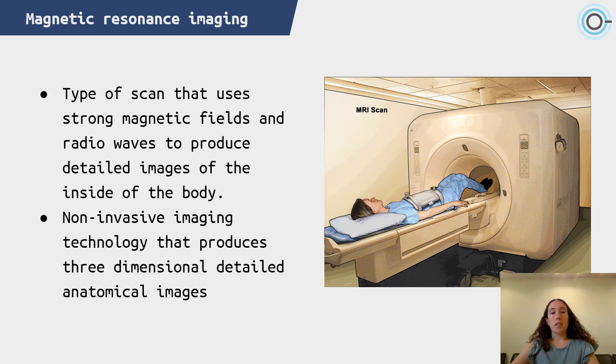Magnetic resonance imaging, or MRI, is a type of scan that uses strong magnetic fields and radio waves to produce detailed images of the inside of the body. It's a non-invasive imaging technology that produces three-dimensional detailed anatomical images. And it has some advantages compared to the other imaging technologies I showed previously.